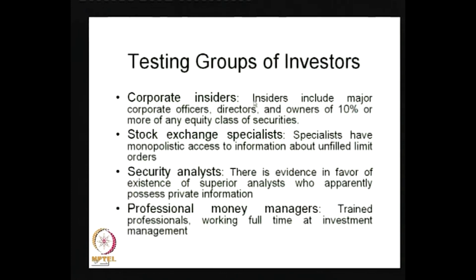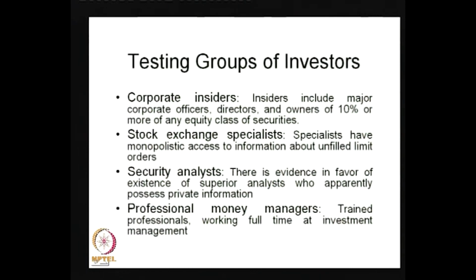So, how can we test it? We can test it in different ways. One way is that we define specific groups of investors: the corporate insiders, the stock exchange specialists, the security analysts, or the professional money managers. The corporate insiders include the major corporate officers, directors, and owners of 10% or more of an equity class of securities.